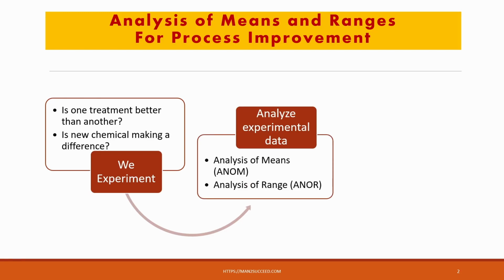The two things we will be checking are the mean and the range. So why do we check mean and range? Mean will tell us whether the entire group is different or the same. Range will tell us how far it is deviated, how wide the experimental data is. So these two things we are going to check.